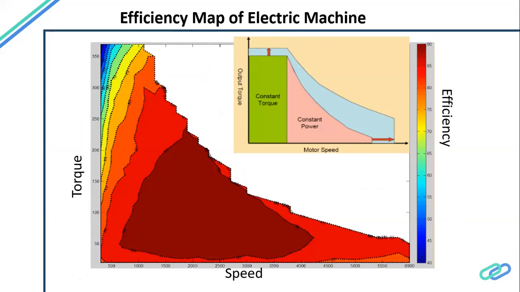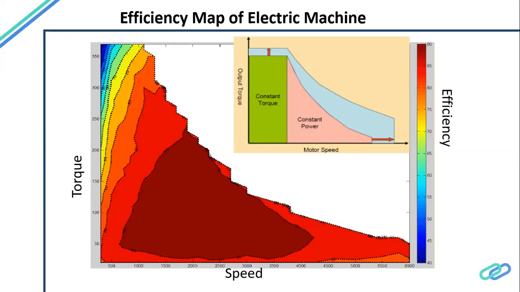If you switch from losses to the efficiency side, it would look like this. This is where most of the time the designers, or the people who are using the machine, will be keen to look into this so-called efficiency map. This is torque, speed, and efficiency.